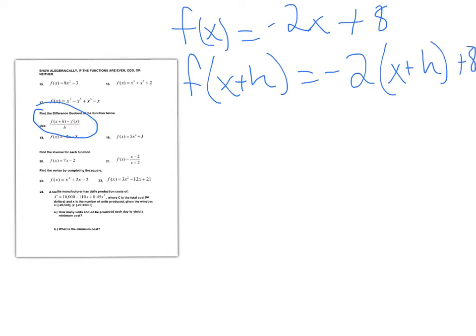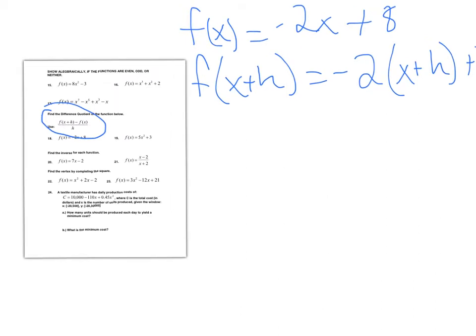If we use these two expressions to plug into our difference quotient, and distribute that negative 2, we end up getting negative 2x minus 2h plus 8, minus the quantity of f of x.